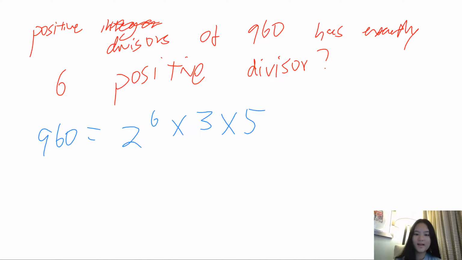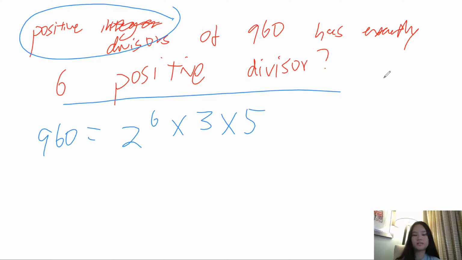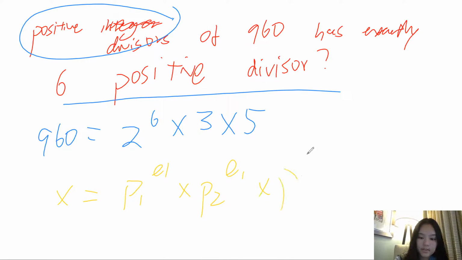Now, we want this positive divisor to have 6 positive divisors. That sounds really complicated, but let's break it down. What they want is an integer x, where when you find its prime factorization, I'm just using the same variables because it's easy.